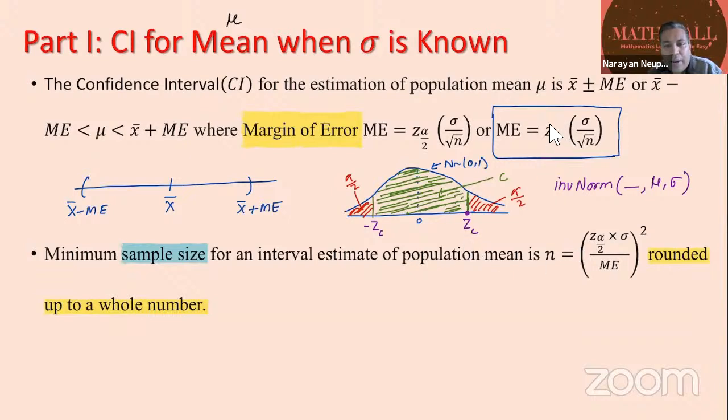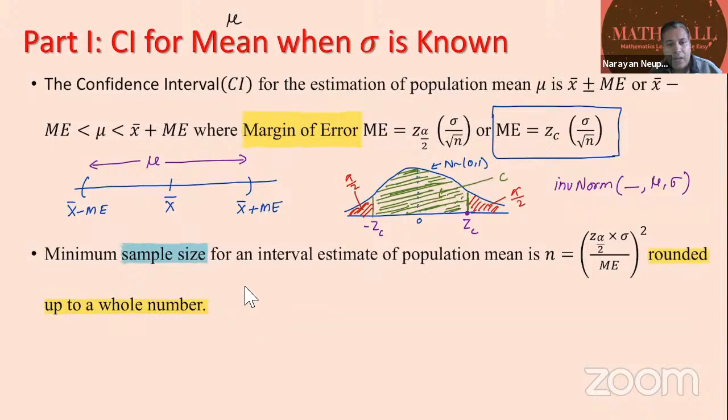Once we know the Z critical, and the sample size, we calculate the margin of error. If we add or subtract the margin of error to the point estimate, we can construct the confidence interval. With certain confidence, we can say that the true mean, or population mean, lies between these two values. That is the basic idea of the confidence interval.